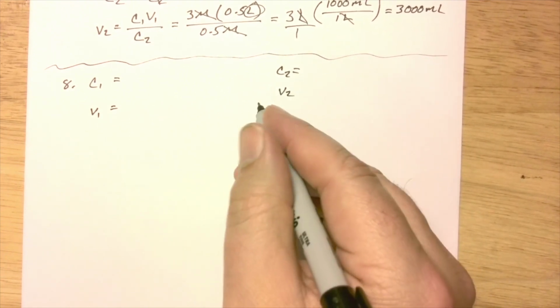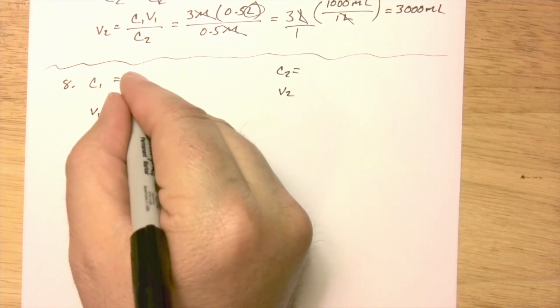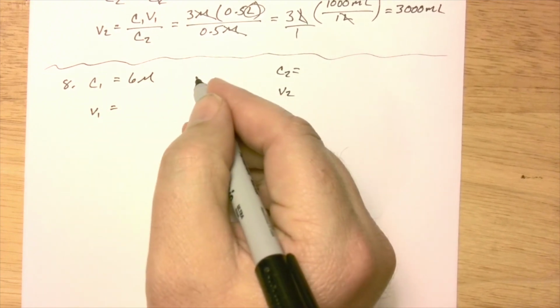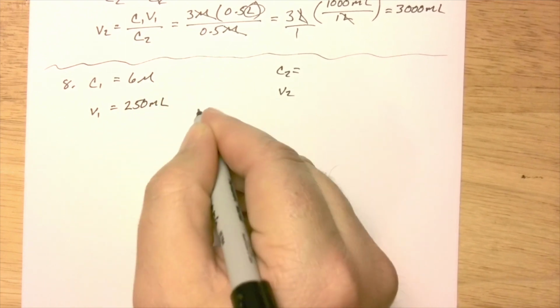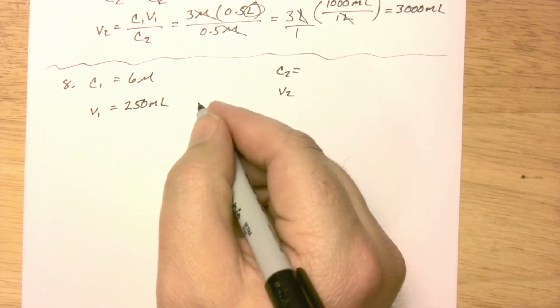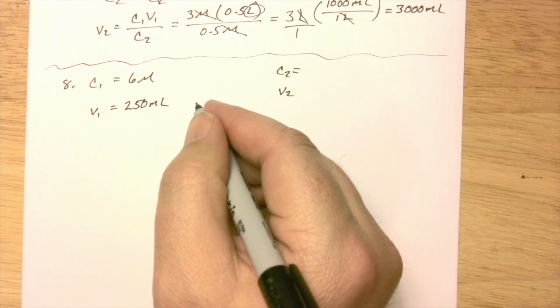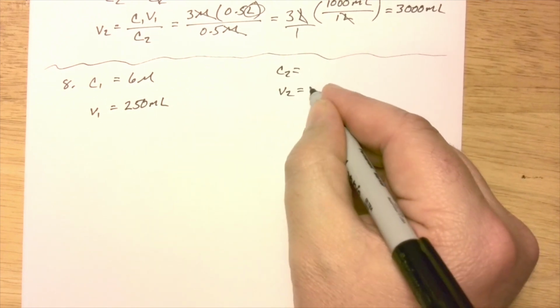We start off with 6 molar, and you have 250 milliliters. And you're trying to dilute it down to 1,500 milliliters.